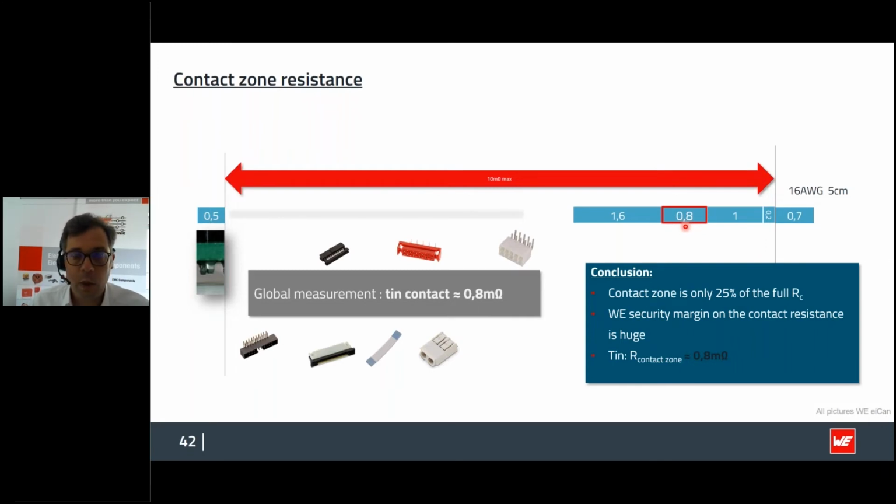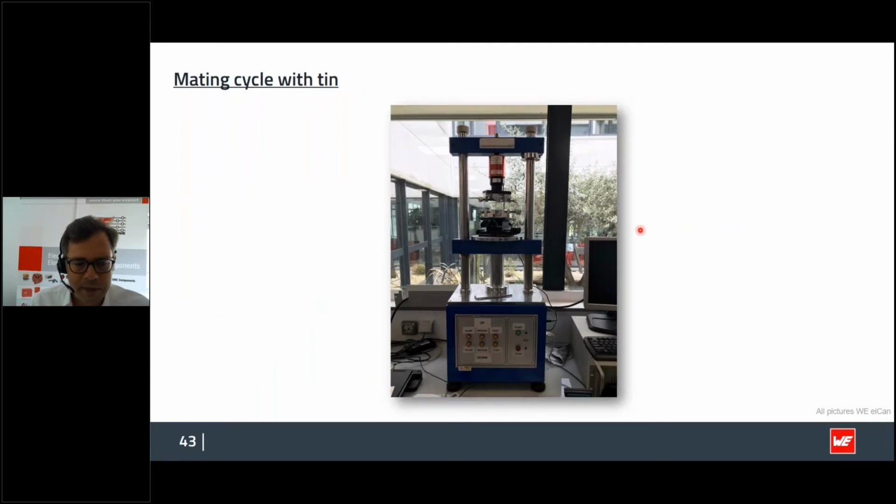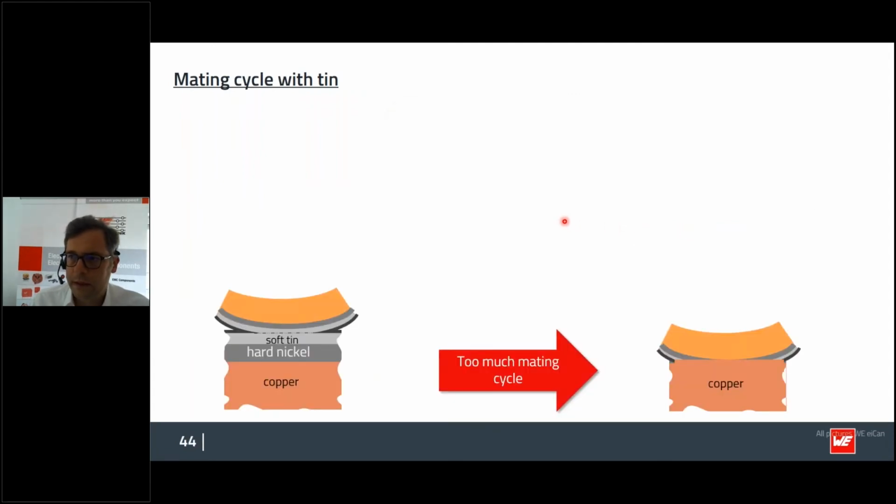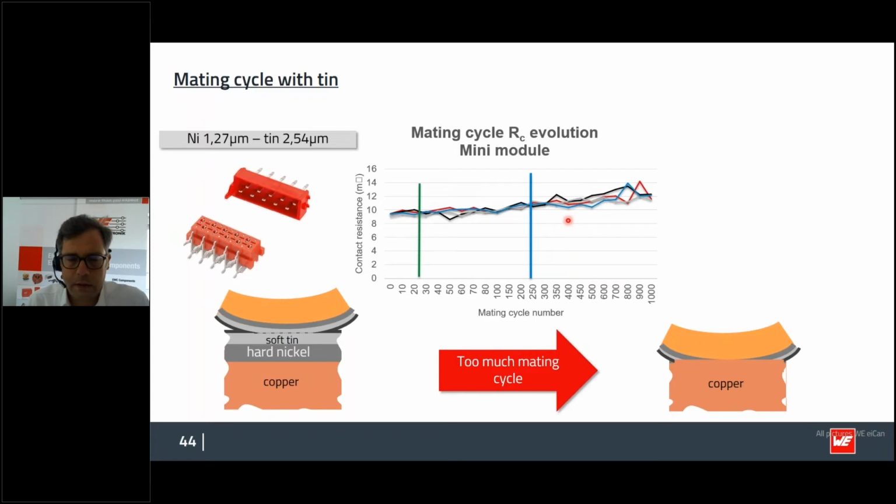Some tests which were performed are mating tests, because the colleagues asked themselves, why do we specify our components in such a conservative way? You can see here in the green line the specified values with 25 mating cycles.